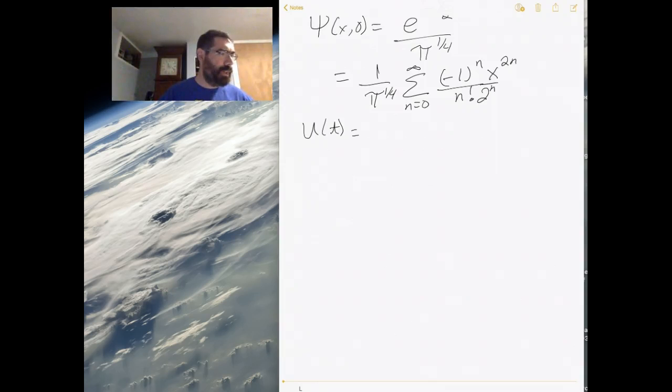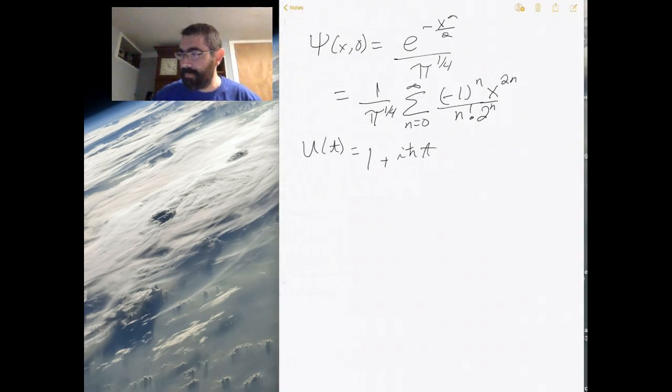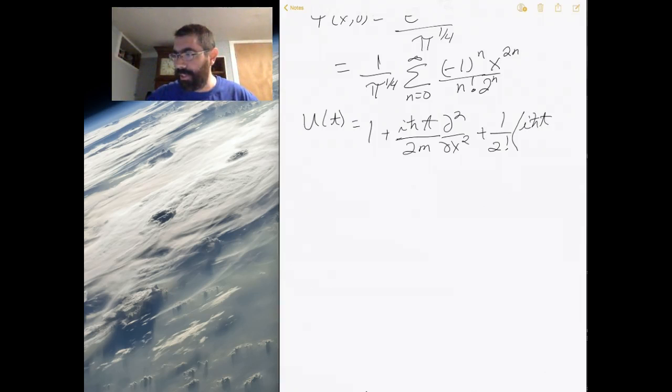So I have the terms 1 plus i h bar t over 2m times the second order derivative with respect to space, and then the next order term, plus 1 over 2 factorial, and then that is i h bar t over 2m second order derivative squared, plus dot dot dot. So there's a third order term, a fourth order term, and so on.